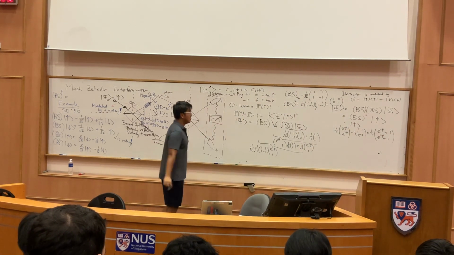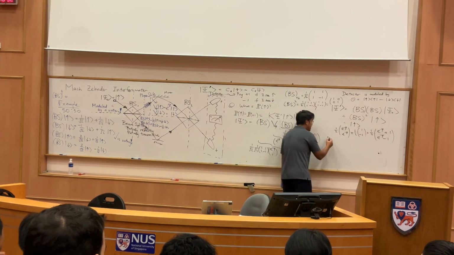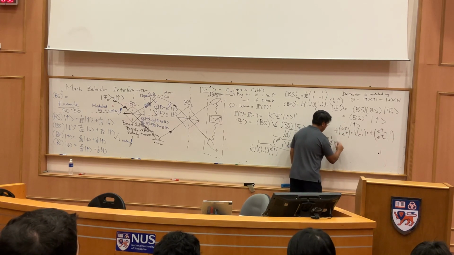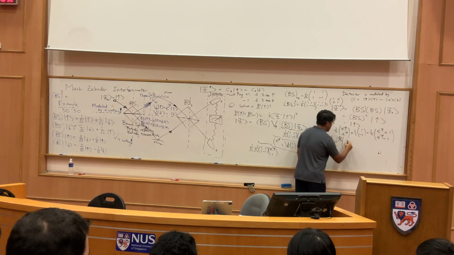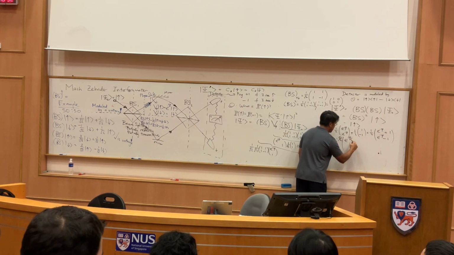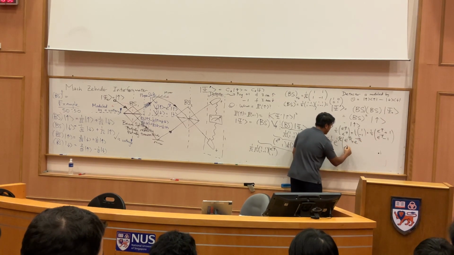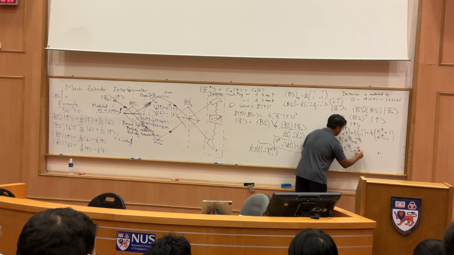Good. To make it a more pleasing form, let me pull out a common factor of e to the power of i phi over 2. And that becomes (e to the power of i phi over 2 plus e to the power of minus i phi over 2, e to the power of i phi over 2 minus e to the power of minus i phi over 2).